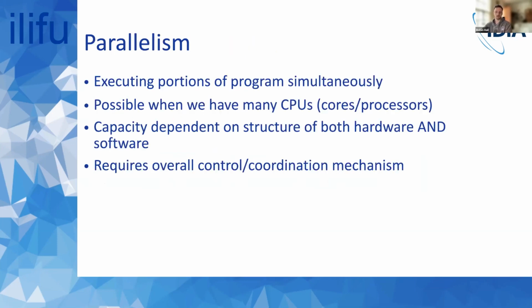When we talk about parallelism, we want to be able to execute portions of a program simultaneously, which becomes possible when we have a bunch of CPUs at our disposal. Not only is the structure of the hardware important, the software also needs to be written in a way that lets it effectively utilize the hardware in parallel, which requires some kind of overall control mechanism.